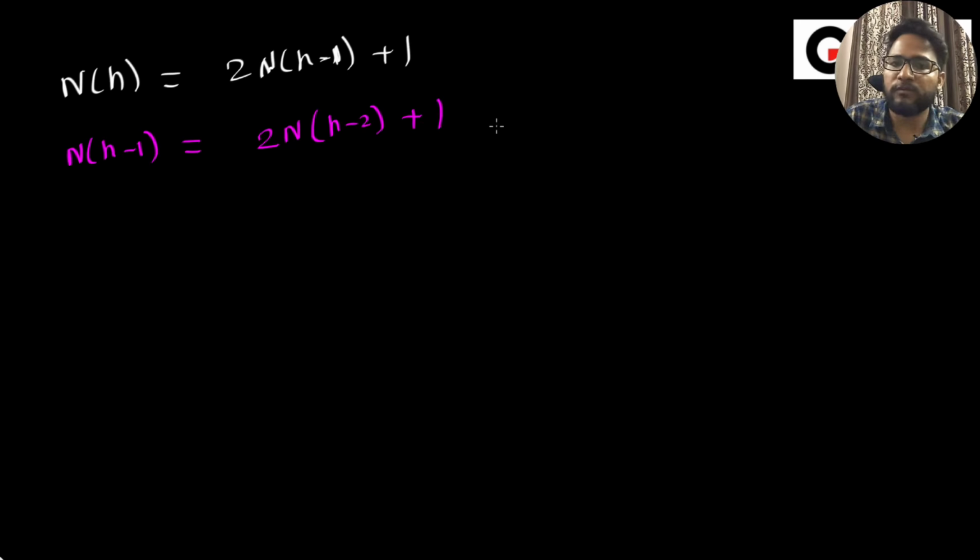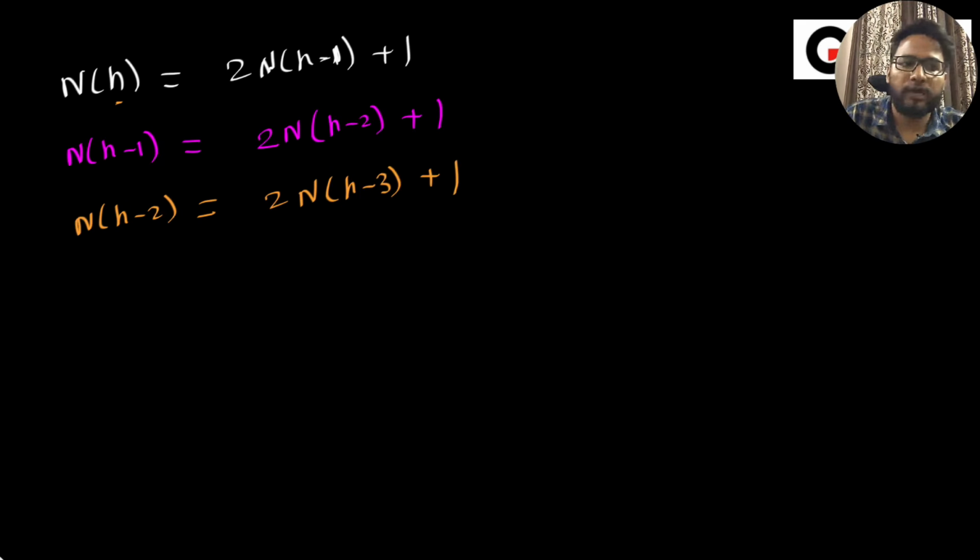Similarly, nh minus 2 will be 2 into nh minus 3 plus 1, and nh minus 3 will be 2 into nh minus 4 plus 1. Like that you can keep on computing.